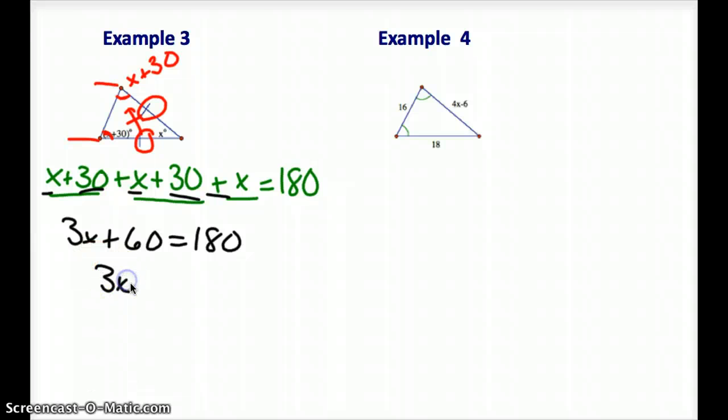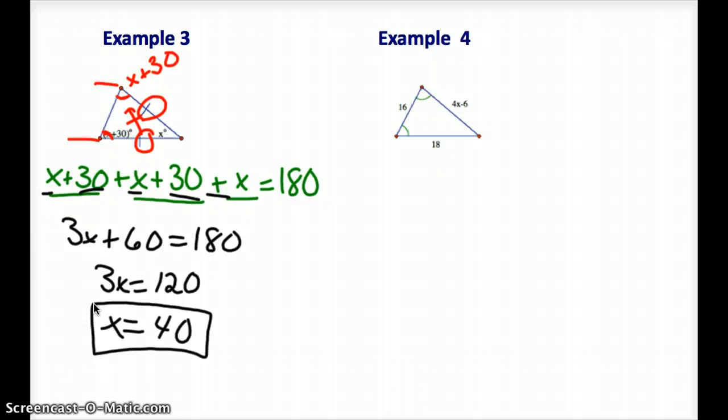So 3x equals 120, and then x equals 40. And if I wanted to, I could go ahead and plug that all into the expressions that represent the angles to see if that works out as a double checker.